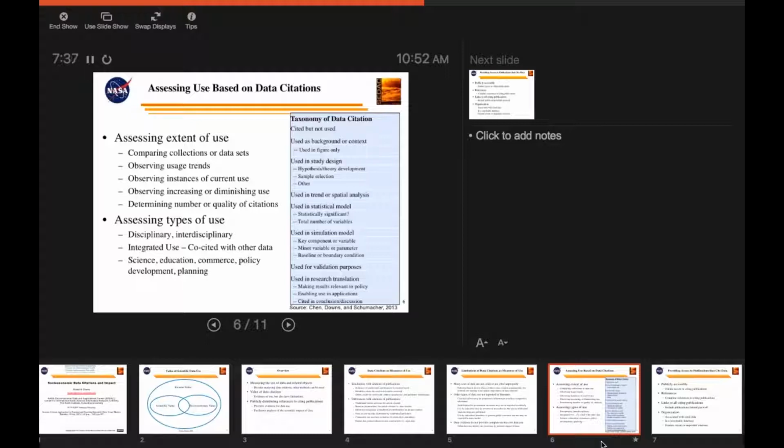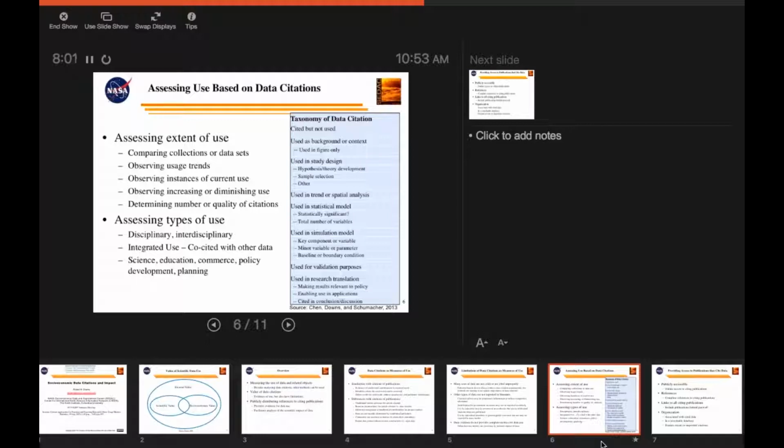The producers can get credit and learn about how their data are being used. The distributors can inform their collection development or the types of services they offer, and also get credit. The sponsors can see the value of their investments, and publishers can identify appropriate uses of the data.